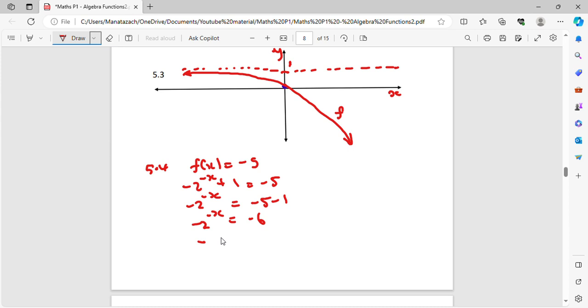But firstly, we must write 2 to the power minus x is equal to 6. And then we can introduce log on both sides. That means you can take minus x to the front.